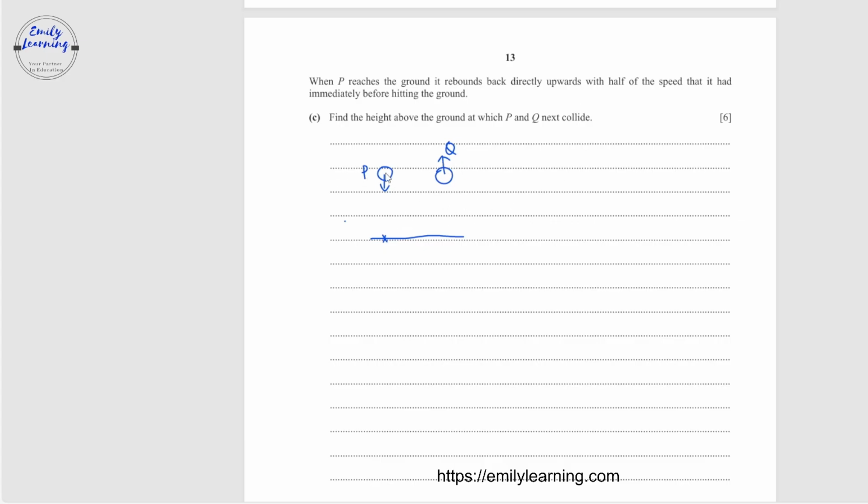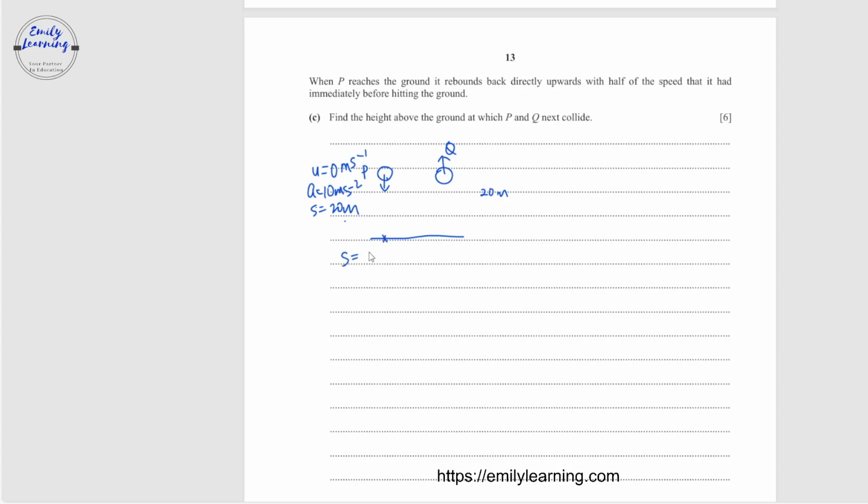So we know that after the collision, P has a speed of 0 meters per second. It is moving downwards, so it's accelerating at 10 meters per second squared. And the distance above the ground is 20 meters. So I need to travel 20 meters downwards. So how long does it take for P to reach the bottom?